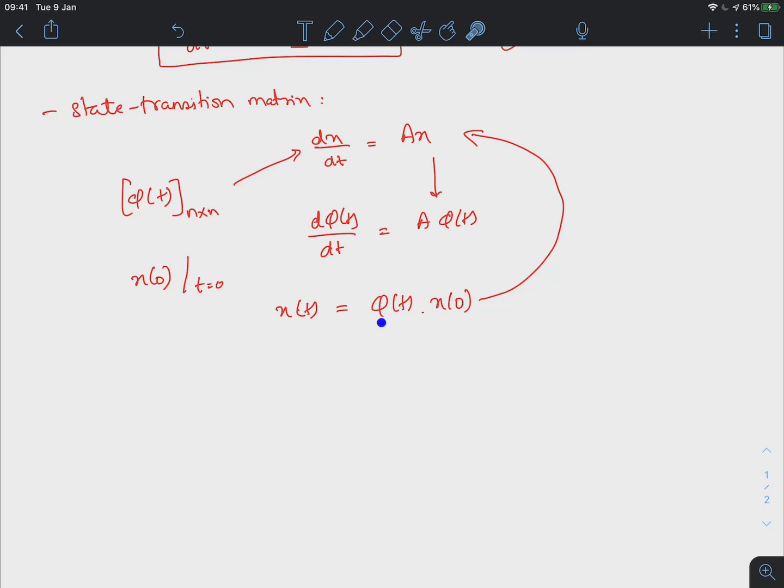Now the next question arises here: how to compute the state transition matrix phi(t)? So one method, what you have been doing from the beginning, is by using the Laplace transform on this equation, you can compute the state transition matrix.